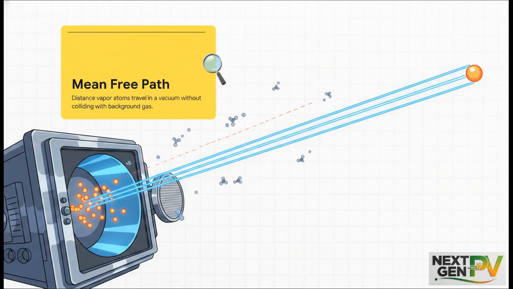But by pumping the chamber down to a super high vacuum, we're talking 10^-5 to 10^-7 torr, that mean free path becomes massive, sometimes up to 60 meters long. Since the chamber itself is much smaller than that, those vaporized atoms can travel in straight, ballistic, line-of-sight trajectories directly to the target without hitting a single thing.